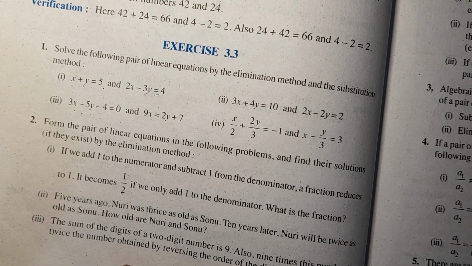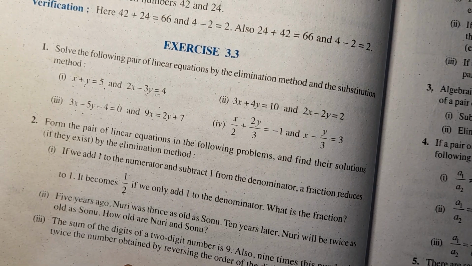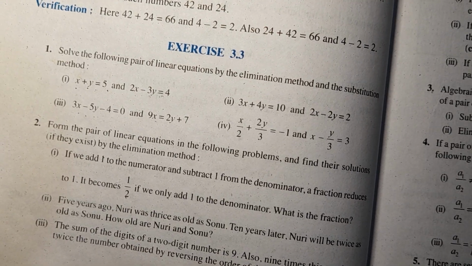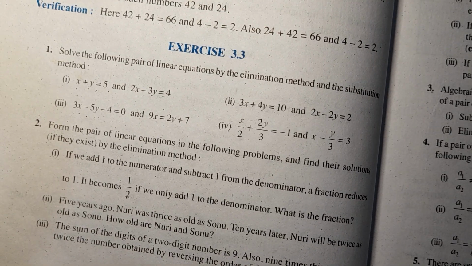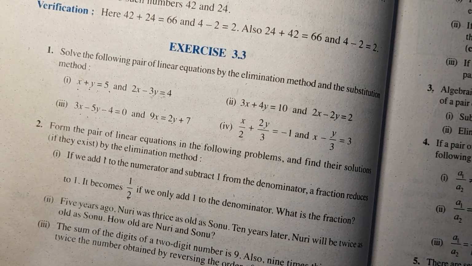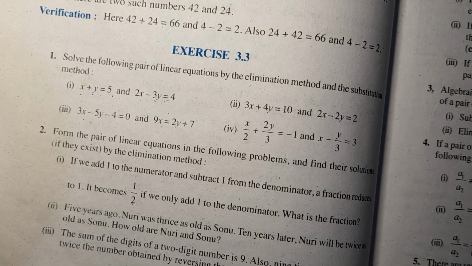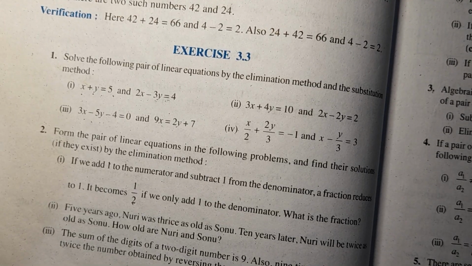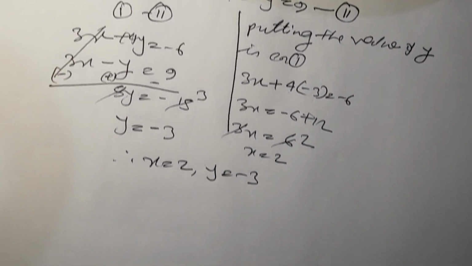So we have to find a fraction. Before finding the fraction, we have to consider what is the numerator and what is the denominator. The first one will be the numerator, the second one will be the denominator. Whenever it's a fraction, we have the numerator and the denominator. So the numerator will be considered as x and the denominator as y. This is 3, Roman number 1.